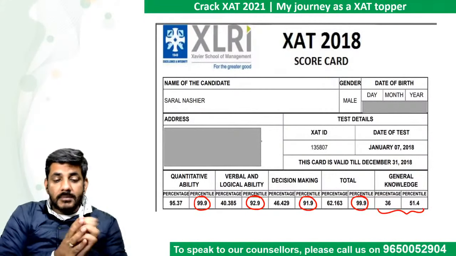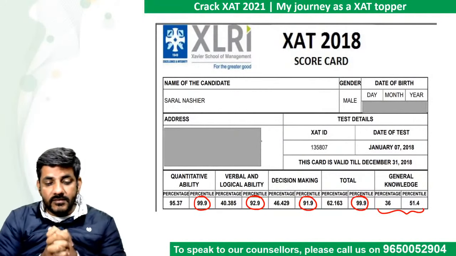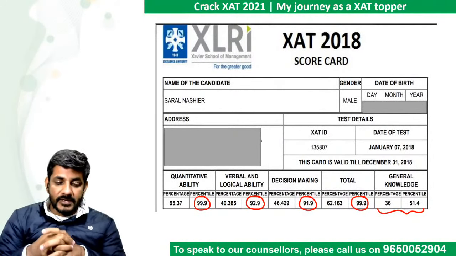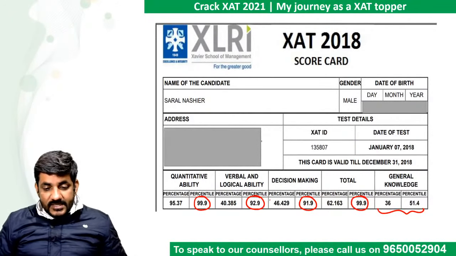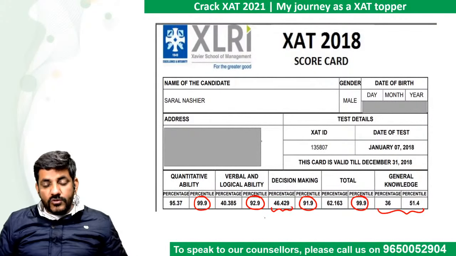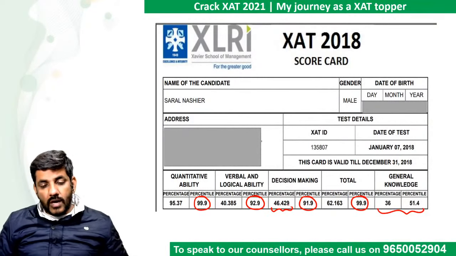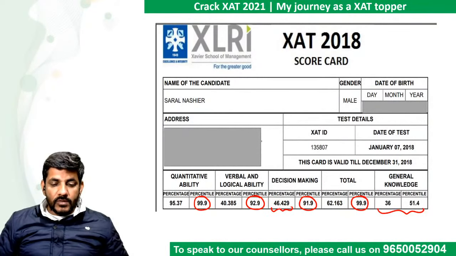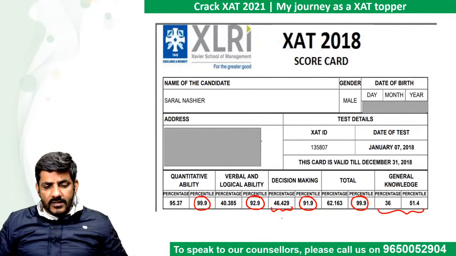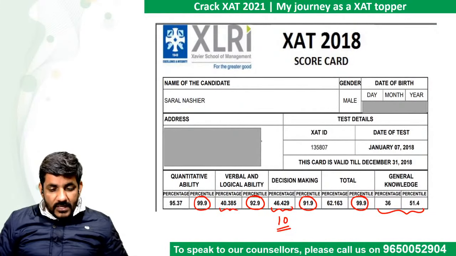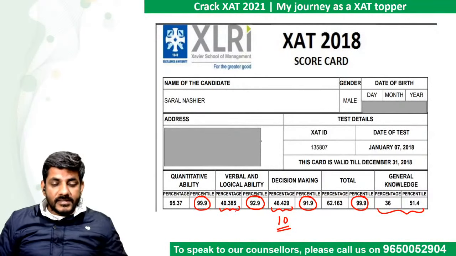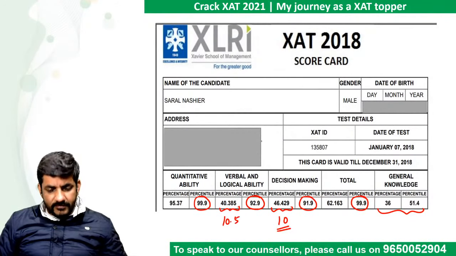Now if I'm talking about the other three, quantitative ability, verbal ability, and decision making, right? See, when I say decision making, 46.429 percentage score. Out of 21 questions, if you calculate 46.429, that will be somewhere around 10, right? And in verbal and logical ability, there were 26 questions, so 40% of that would be somewhere around 10.5.